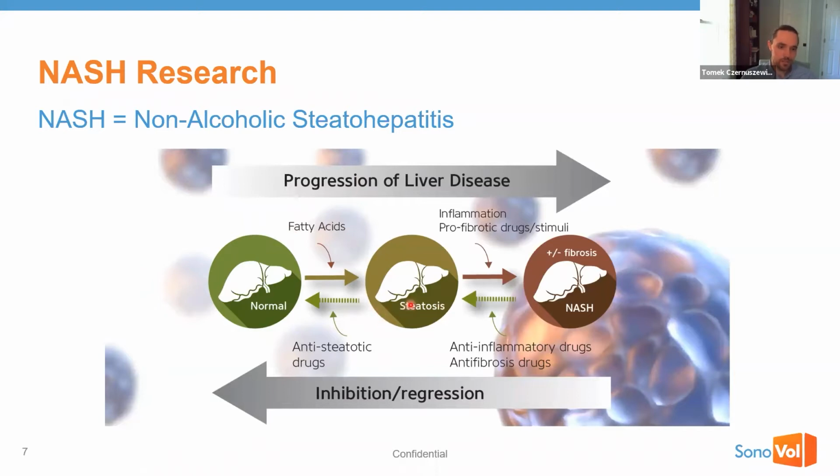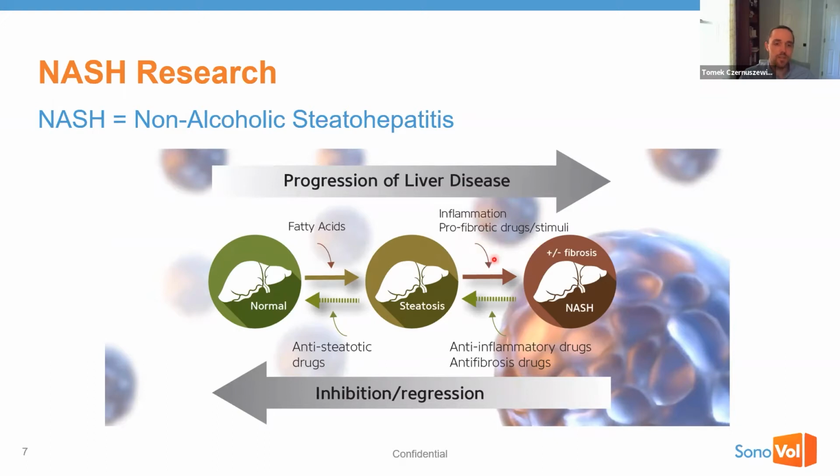What's challenging about NASH is that simple steatosis is not in and of itself bad. People can live with steatotic livers for many, many years, and only a small percentage of them actually transfer into this inflammatory state where the liver becomes steatohepatitis.